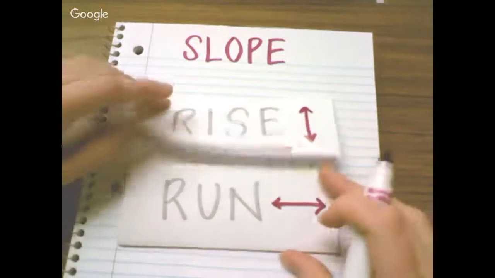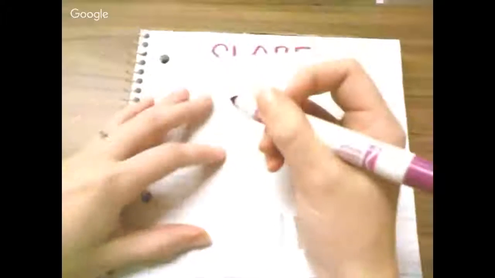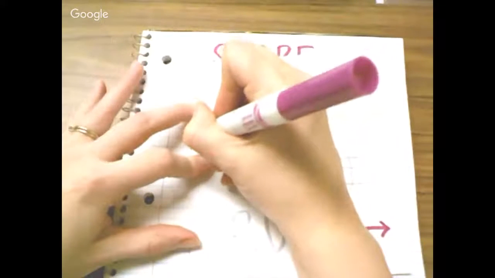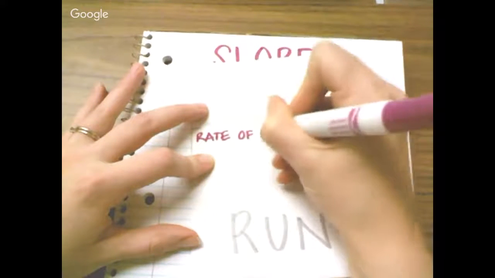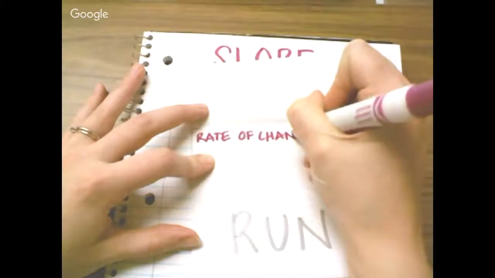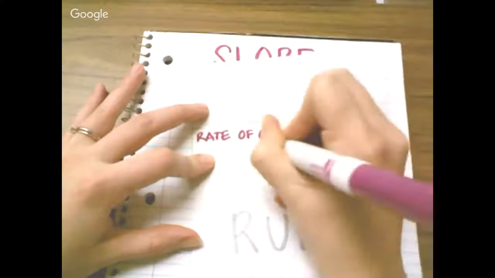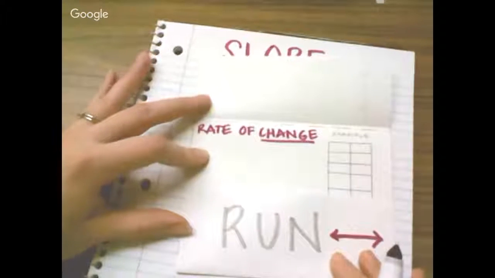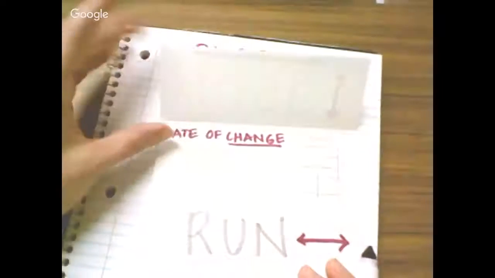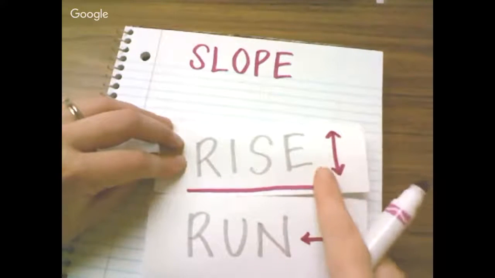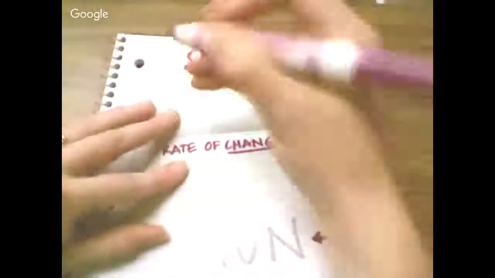Okay? So another way we've talked about this is a rate of change. So my rise, remember up and down, think about the axis.